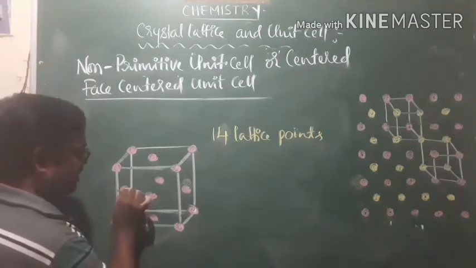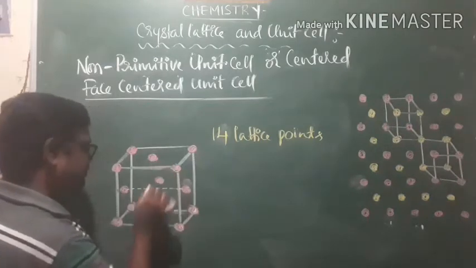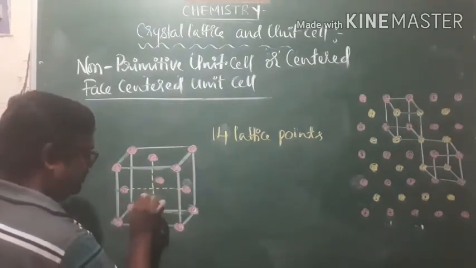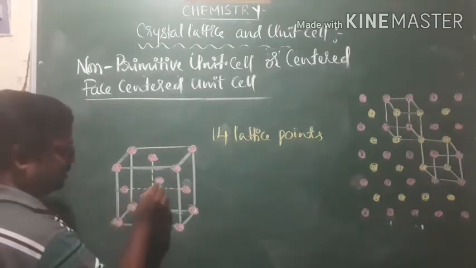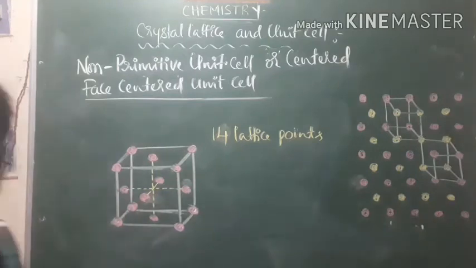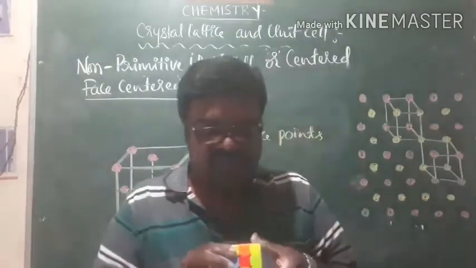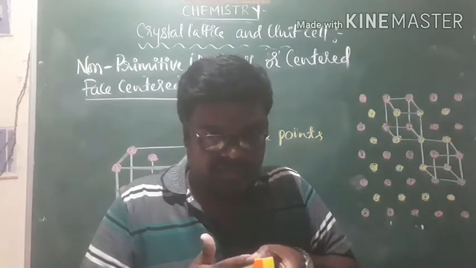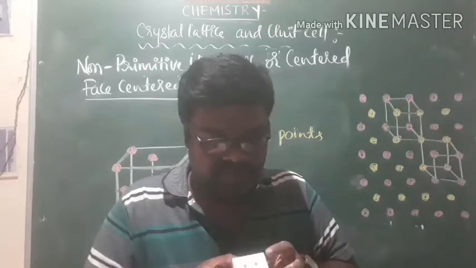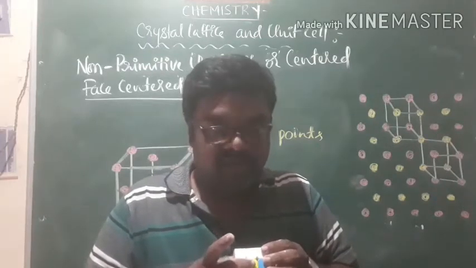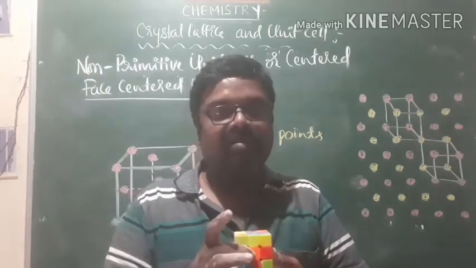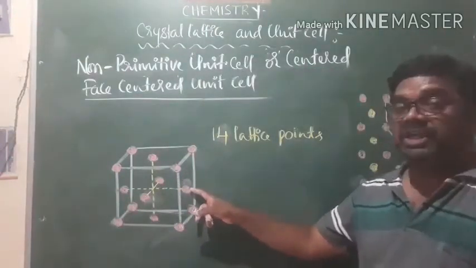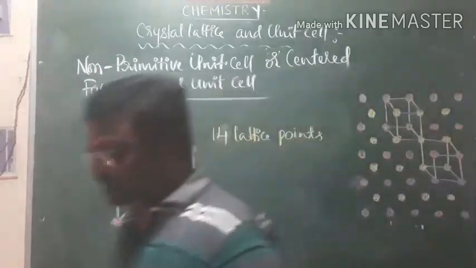To give more clarity, look, if I join these faces like this, I hope you get clarity. Or look at it this way, here you can see one face, right? In this face there is one red particle, right? Look at the red arrangement, there is a red particle, so one face is done. Look here, white is 2, orange is 3, yellow is 4, here 5 and 6. Okay na? Yes, 1 2 3 4 5 6, totally 6 faces. The center of each face is characterized by a lattice point and the corners are also characterized by lattice points.